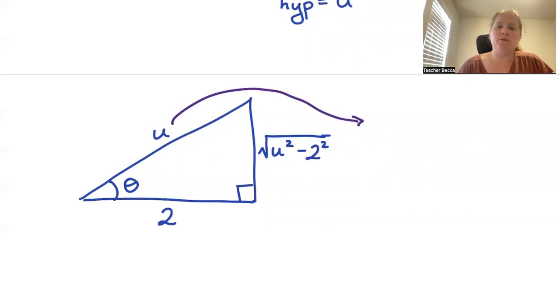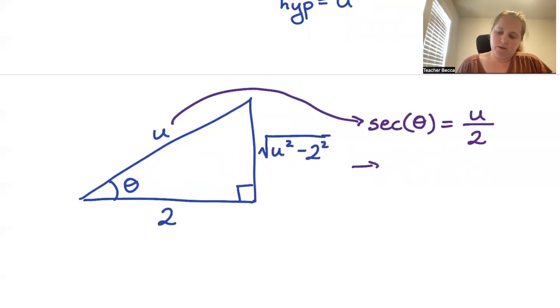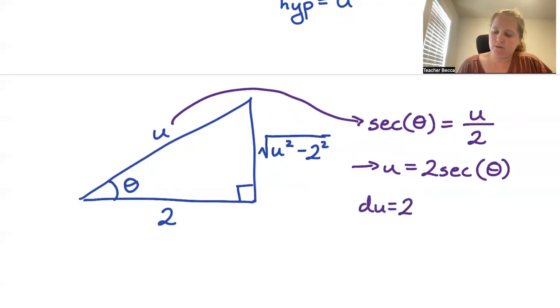The relationship involving u and 2 is that the secant of theta is equal to u over 2. So we have u is equal to 2 secant theta, and our du is 2 secant theta tangent theta d theta.